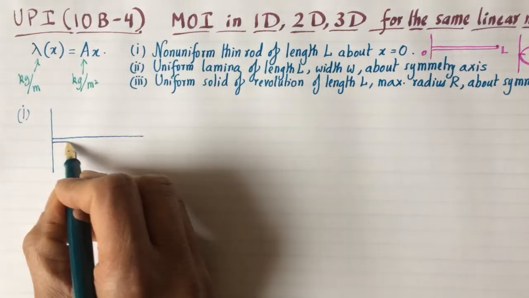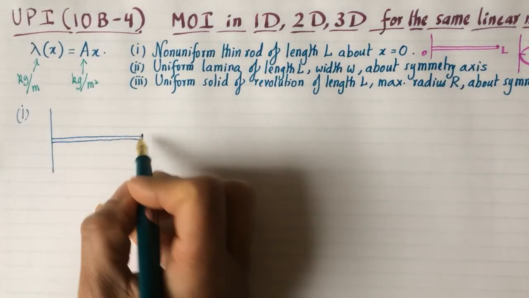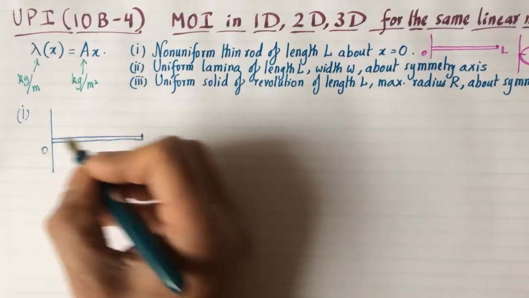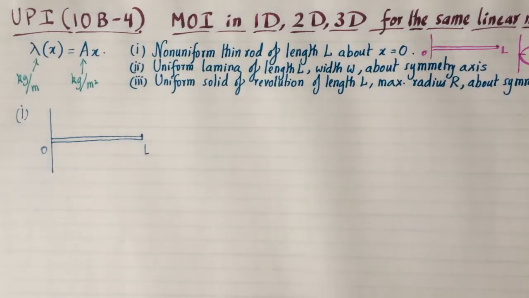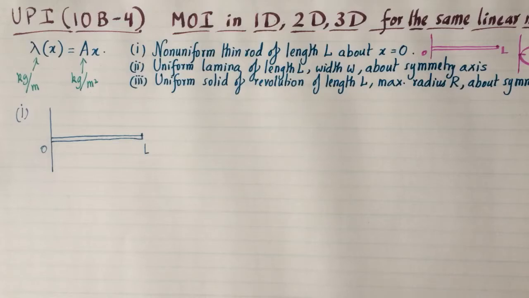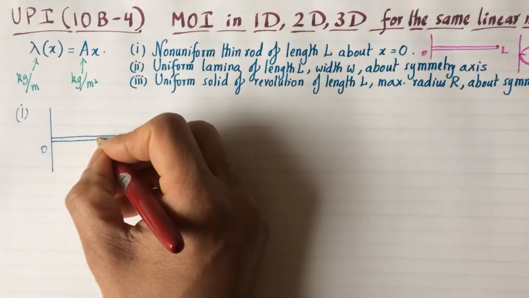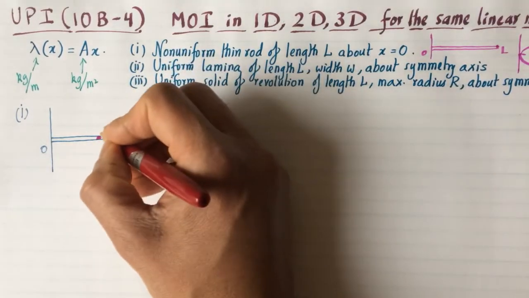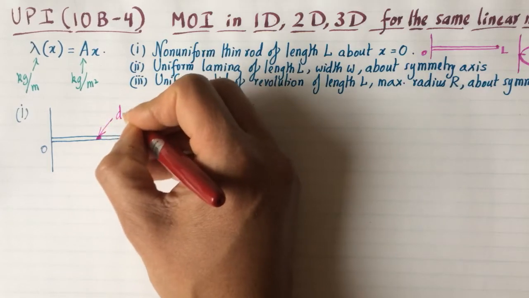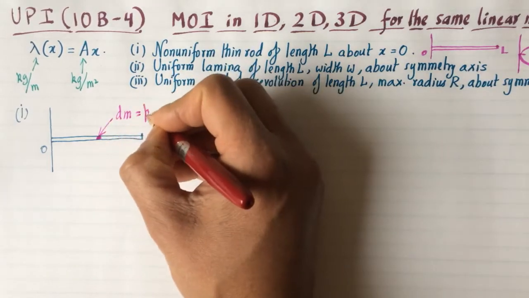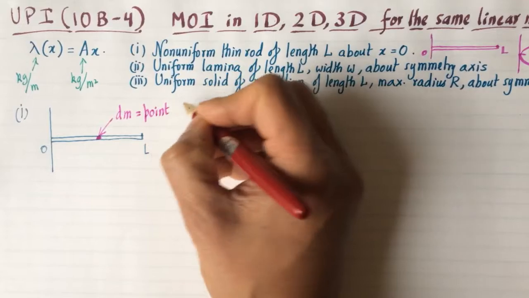We always start with a figure. So you have a rod that goes from 0 to L. The basic point element I'm going to indicate here, that's your dm. And for the one-dimensional case, it's always a point mass.